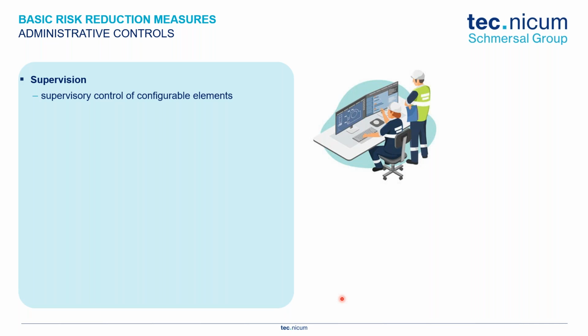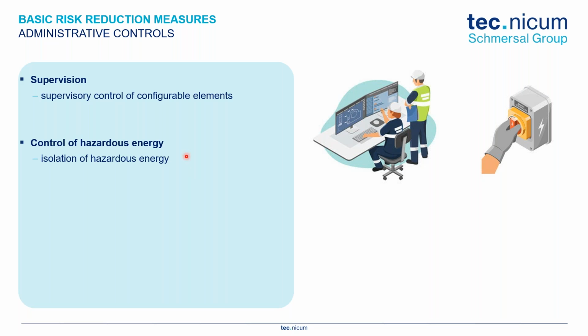But even if we're not looking into a full-blown safety PLC, because then you need to go to the control panel, you need a laptop, there may be certain functions that are easily changeable on the HMI. Maybe certain speeds can be changed, where maybe we don't want the operator to adjust these speeds, because that will possibly bring in additional hazards that we need to take into account. So if it's something that we can configure, but it may introduce these hazards, then we have some supervisory control of these configurable elements. That's what they mean by that.